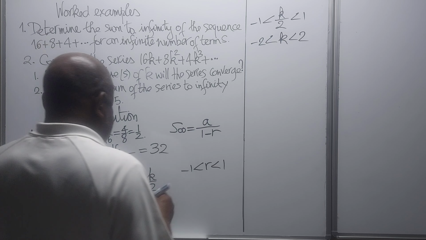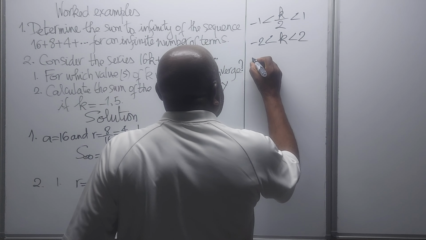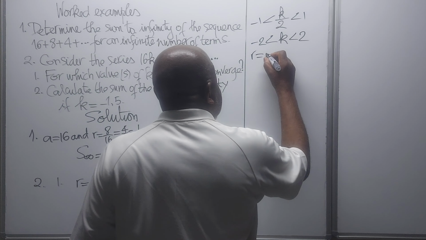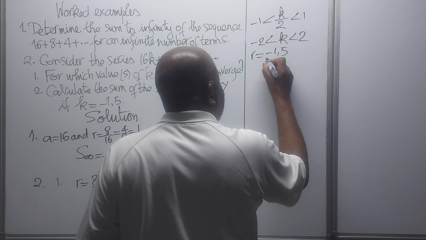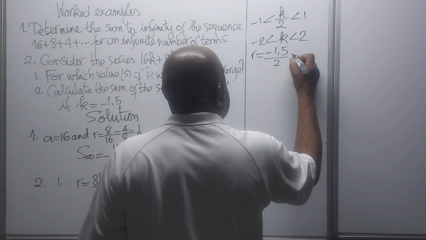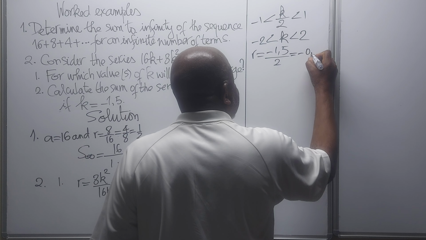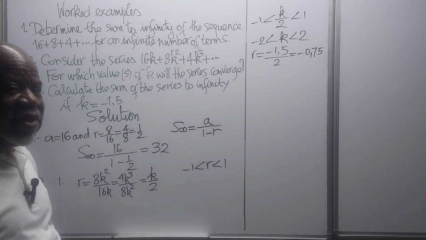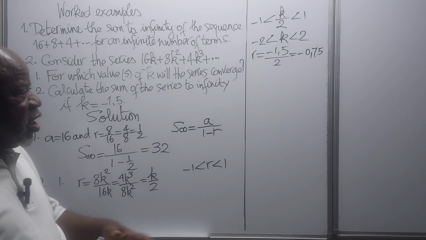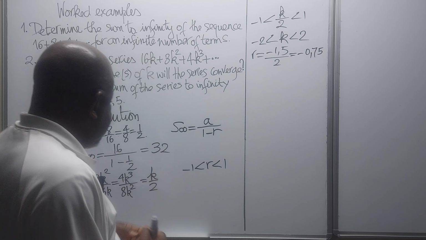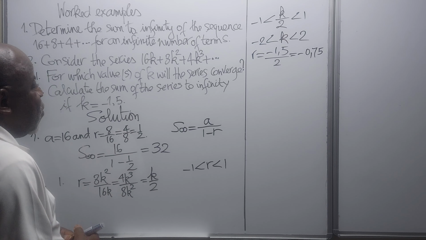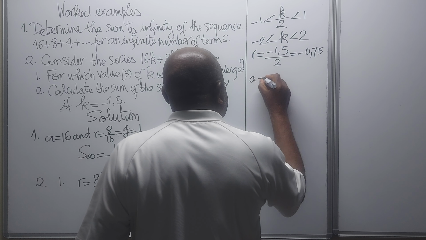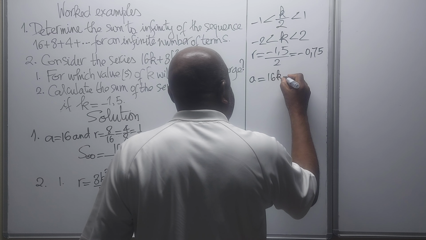So our common ratio here will be R is equal to k, given here as negative 1,5, over 2. And then here we'll get negative 0,75. So it's negative 3/4 if we write this as a fraction. So now we will replace here to get our first term. A will be equal to 16k.